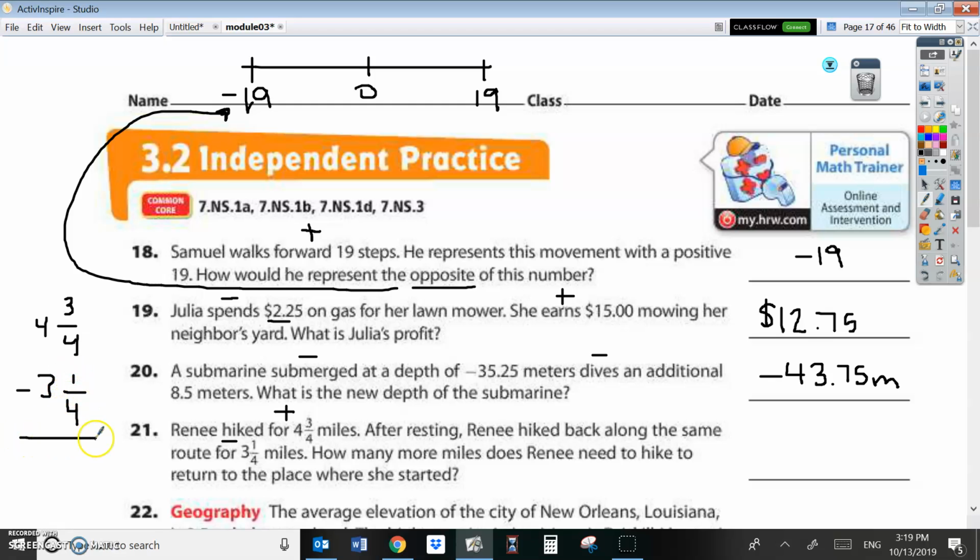Okay, these are already same denominators. So 3 minus 1 is 2. 4 minus 3 is 1, and then simplify that. So 1 1/2. How many miles does she need to hike to the place where she returned? 1 1/2 miles.